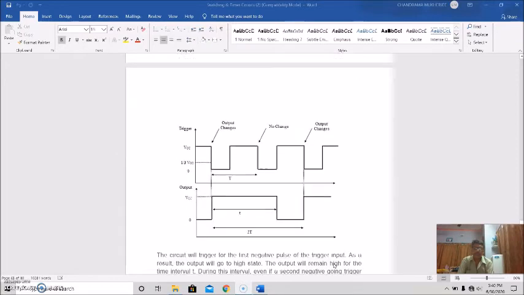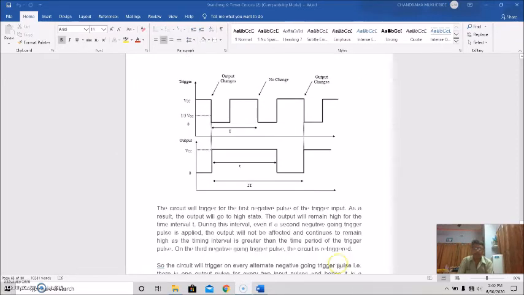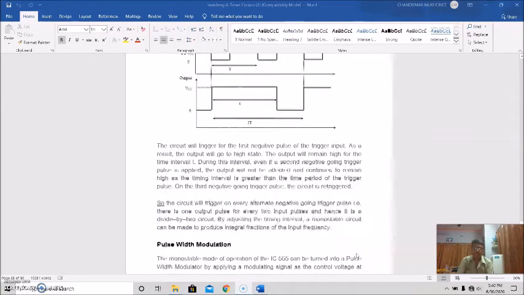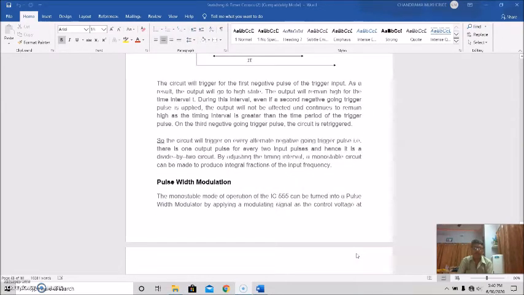Okay, now we'll discuss another example of a monostable multivibrator using the 555 timer, that is pulse width modulation.